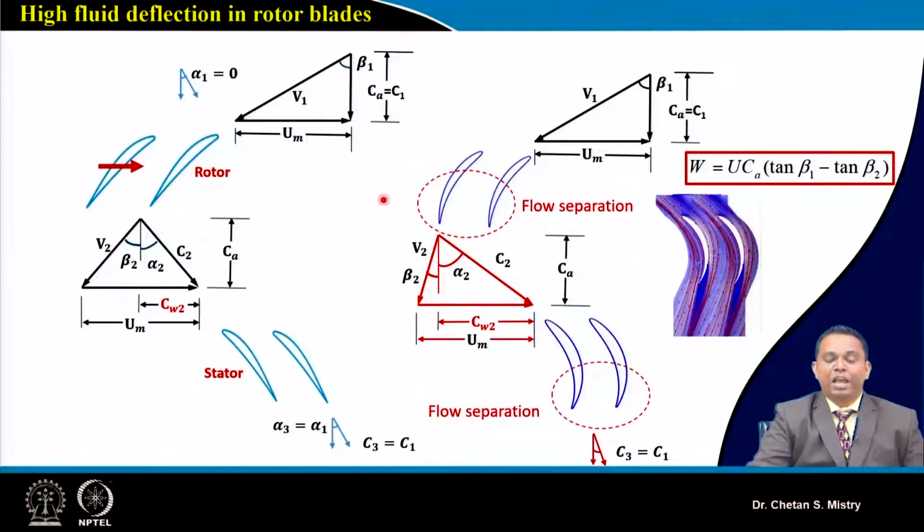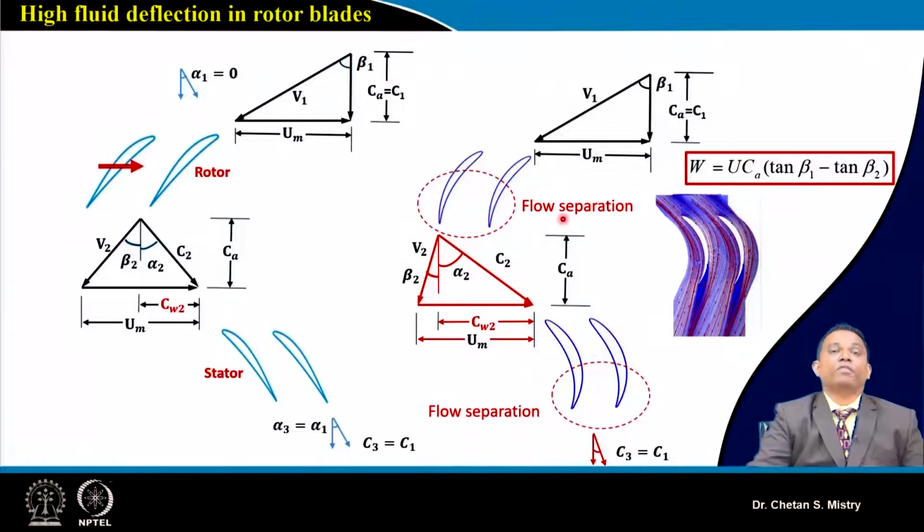Now what is happening when we decrease our relative velocity? That means we are doing efficient diffusion. At the same time, based on our fundamentals, my absolute velocity is going to be higher. That means the velocity with which my flow enters the stator is larger. There also we are looking for diffusion to happen.